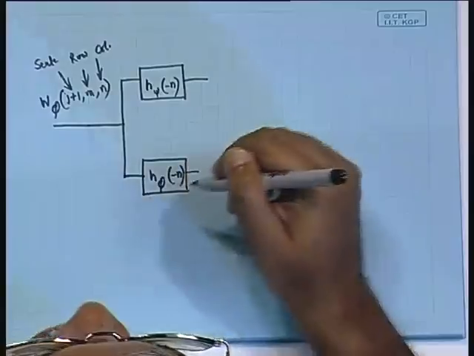Whenever we split into two subbands like this, the spatial bandwidth of the signal essentially gets halved in each of these subbands.